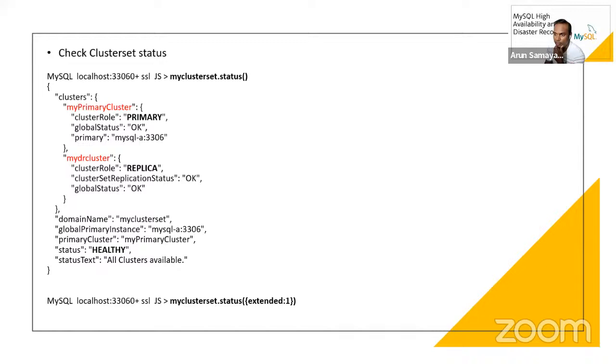Here it is saying my primary cluster, and within that primary cluster, MySQL A is my primary. Then I have a replica cluster, which I called my DR cluster, and it says the status is healthy, what my primary cluster is, and what the global primary instance is. That is key, since the global primary instance is the one single primary accepting all of the read-write connections. Next slide, please.